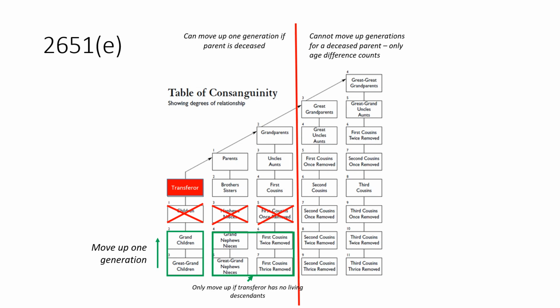So once again, in that case, there'd be no intentional skipping of generations and no intentional skipping of your own descendants. So it naturally creates a transfer to those potential skip persons by generation assignment who get the benefit of moving up one generation.